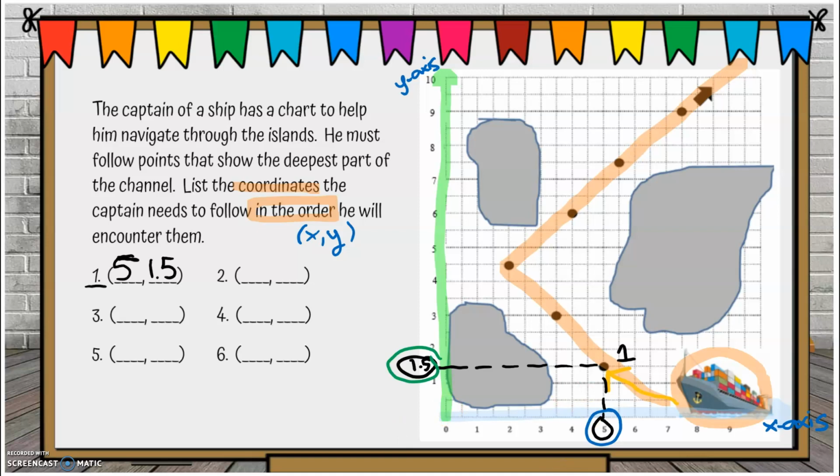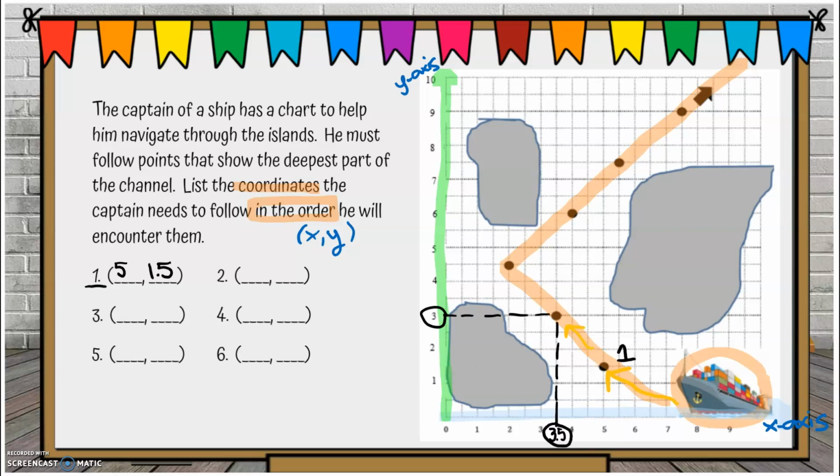And then the next point on my journey from 1 is going up to point 2. So that next point, we're calling it point 2. I already drew the dashed dotted lines that are going from point 2 down to the axes.